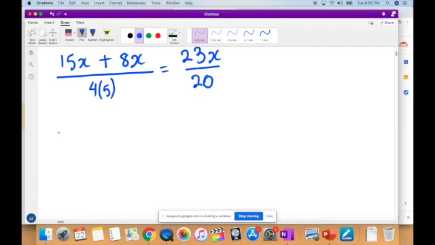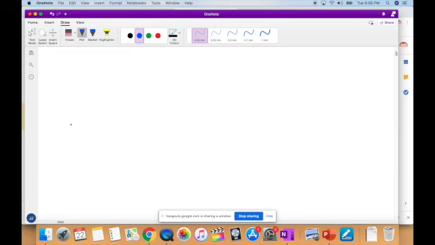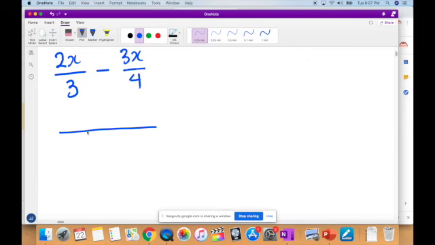What about this? What do I do here, Scotia? Multiply the denominators. Right. 4 3s are 12, but I'll just put 3 times 4 for now.